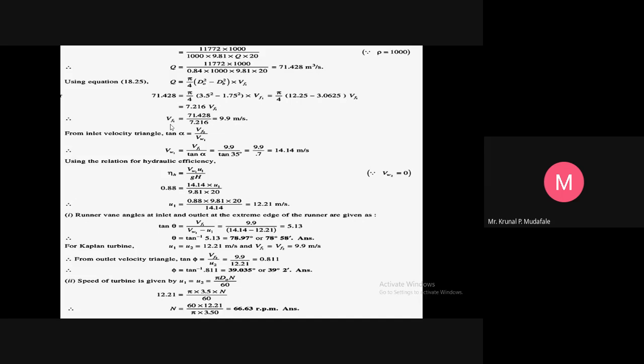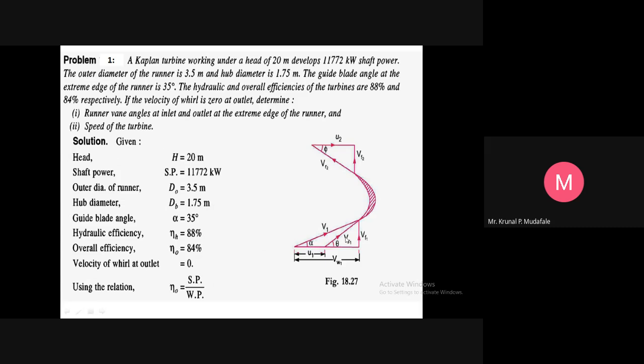Now you can come to our target, to find out another value for the inlet velocity triangle, that is tan alpha. If you directly apply tan alpha equals to what? Please check this triangle. Tan alpha is nothing but opposite upon adjacent, right?